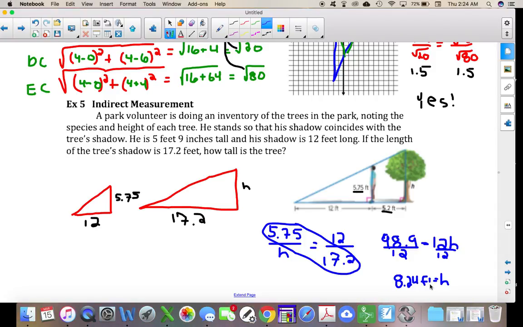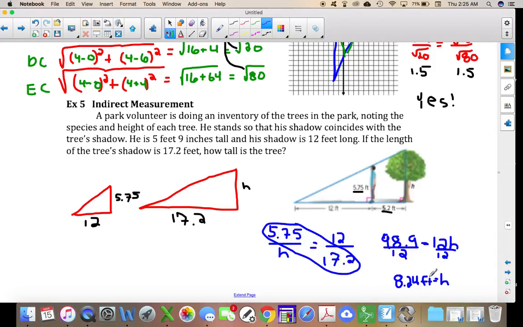8.24 feet approximately. Now, this does not necessarily mean that it's 8 foot and 2 inches. 8.24 feet is going to be almost 8 foot 3 inches, because that's almost a quarter of a foot. So almost 8 foot 3 inches is what that is.